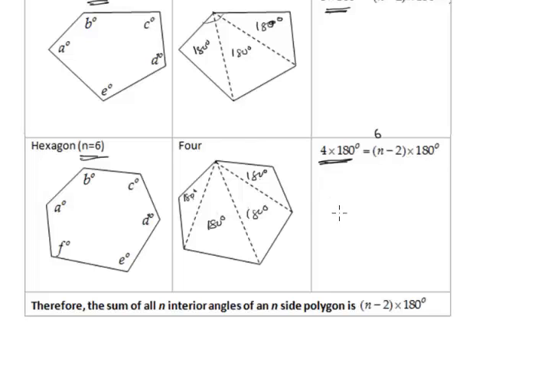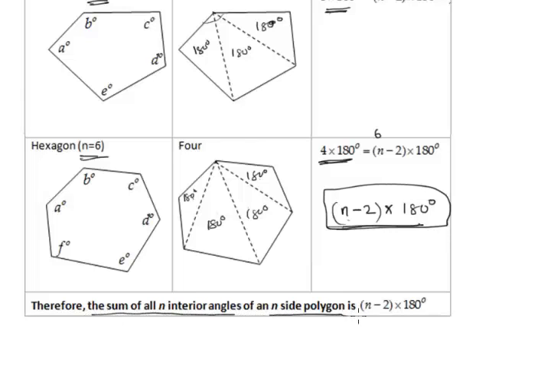So every time we are getting n minus 2, whatever the n. For a triangle n is 3, for a quadrilateral n is 4, for a pentagon n is 5, for a hexagon n is 6. If we go to 7, 8, 9, it is always valid that it is n minus 2 times 180 degrees. So, as a general formula, the sum of all n interior angles of an n-sided polygon will be n minus 2 times 180 degrees.